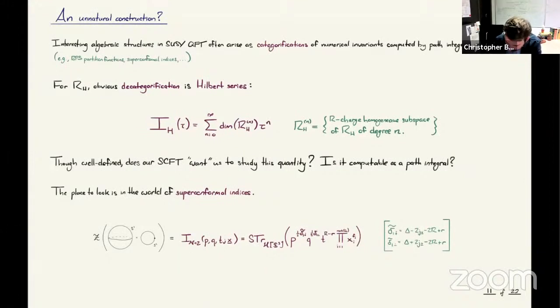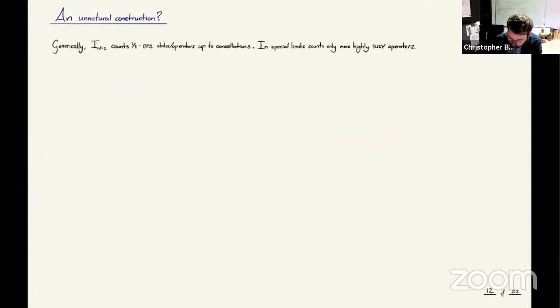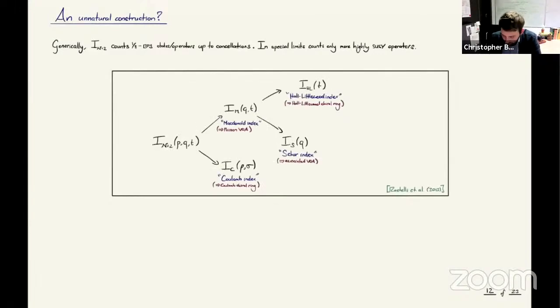Okay, no one who doesn't already love superconformal indices should pay much attention to this actual expression. What's important is the next set of statements, which is that you can classify the different ways that you can specialize the index by taking various limits of the parameters involved, these P's, Q's, and T's.